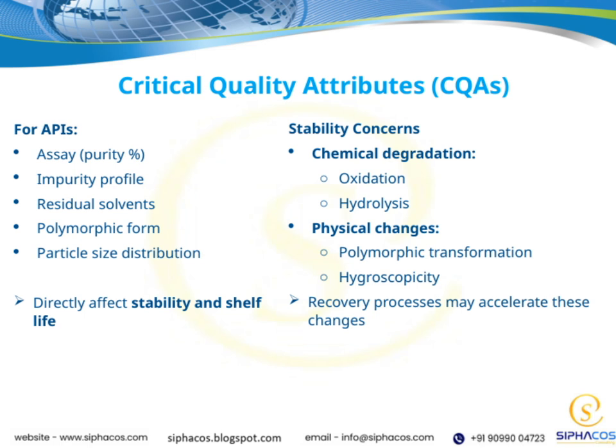All of these attributes directly impact the stability and shelf life of the drug. Keeping these CQAs in check helps ensure that our pharmaceuticals remain safe and effective throughout their intended shelf life.